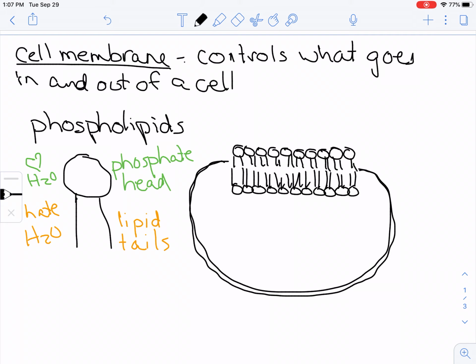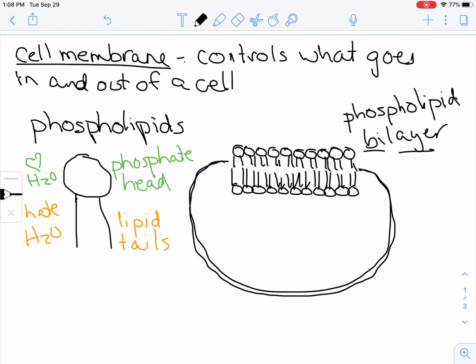And it is referred to as a phospholipid bilayer, right? Phospholipid because it's made of many phospholipids, bi meaning two, layers meaning layers, right? So it's a two-layered membrane. Okay, so this is the cell membrane.